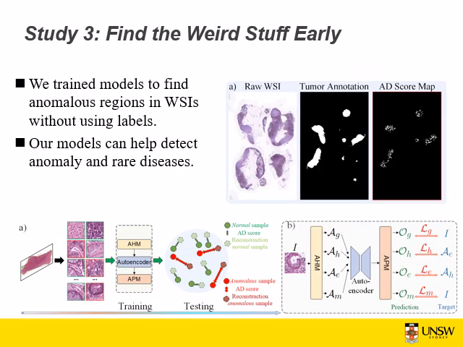In study 3, we trained our AI models using only normal tissue samples, so no cancer cases at all. Then, when the model sees something unusual, it highlights those areas on the slide, so doctors can zoom in and take a closer look.